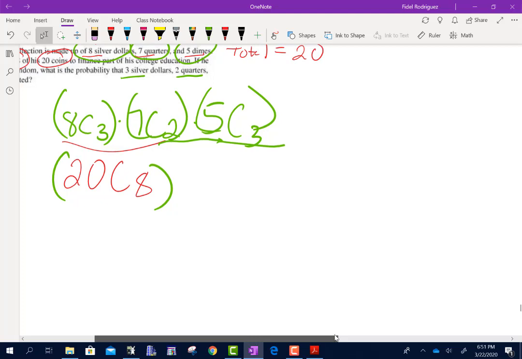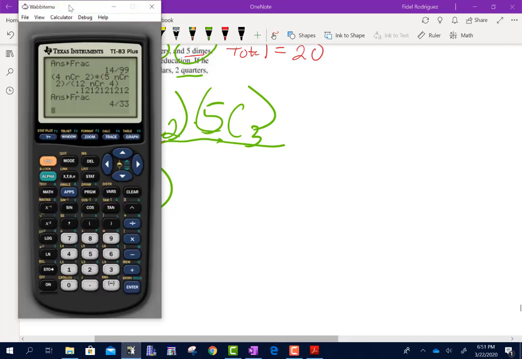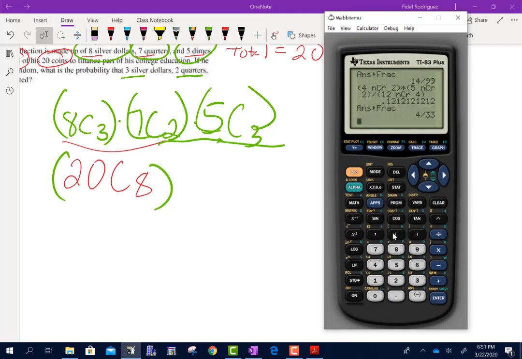Okay, so let me see if I can do it this way. Let me move this over a little bit. Bring up the calculator. Move it over here.